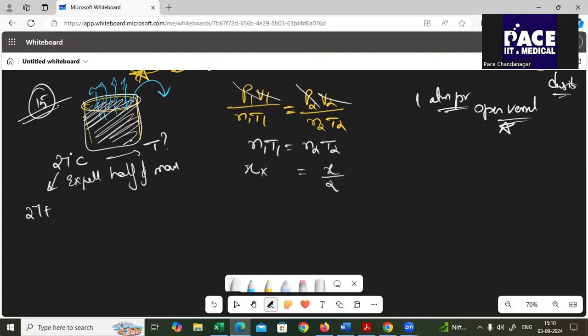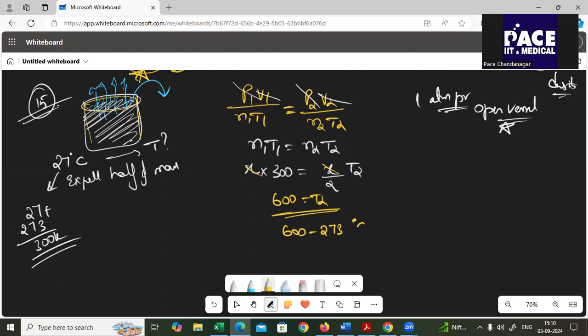It is 27 plus 273, which is my 300 Kelvin. So put it as 300 here, equal to T2, which is what is being asked. This cuts off to 600, which is my T2. 600 Kelvin is my T2. In case your answer is in Celsius, please convert it back to Celsius. 600 minus 273 degrees Celsius is what your answer would be.